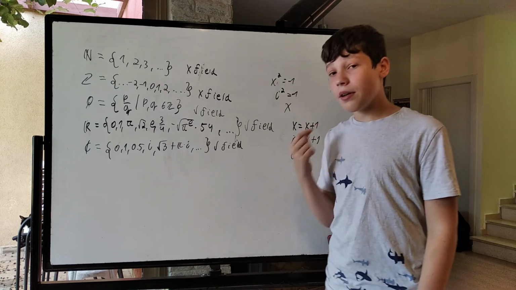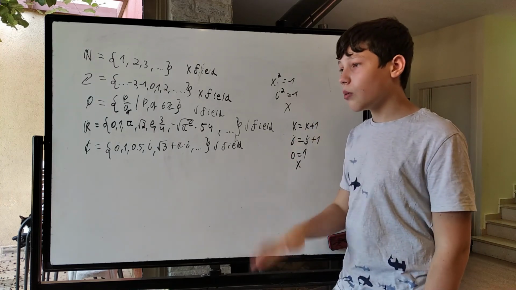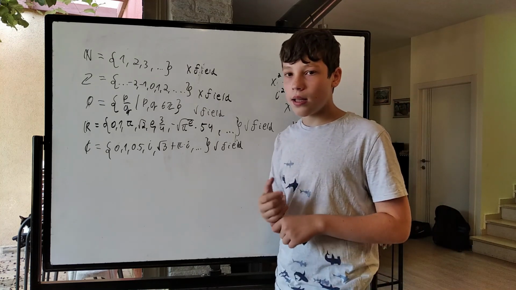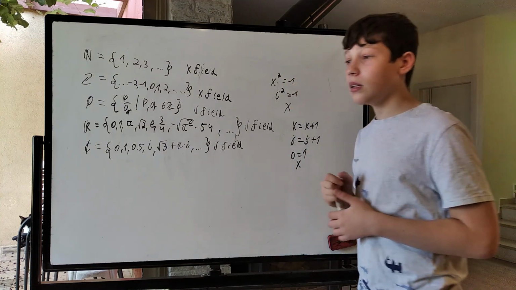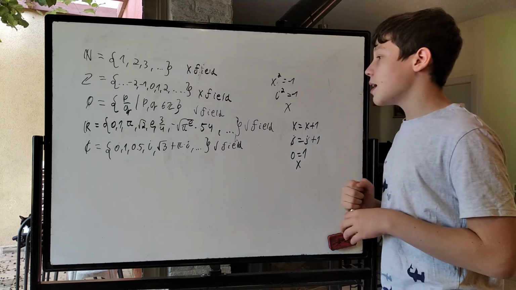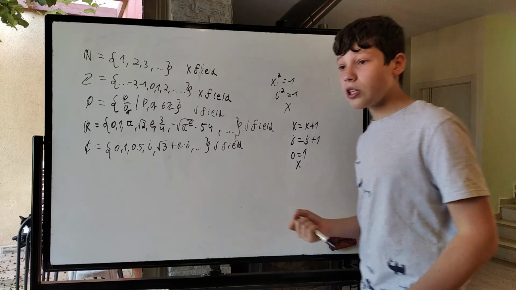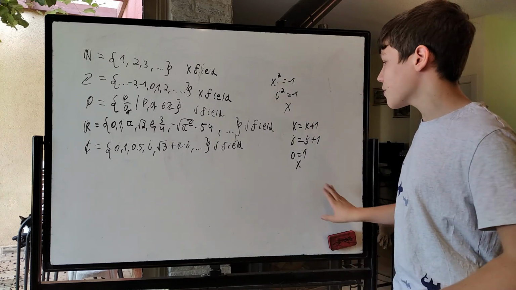But that's another deep rabbit hole that we won't go into. But if you want to, you can try it and do it, or maybe look it up and see how you properly define the set of complex numbers and show that it's a field and all of that stuff.